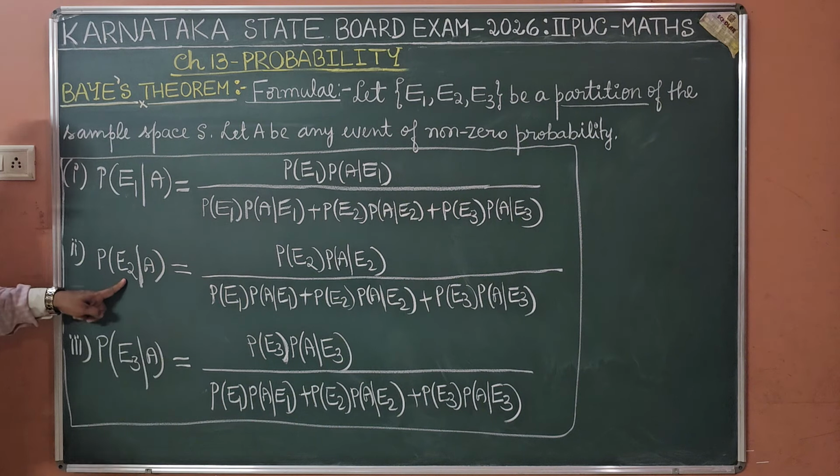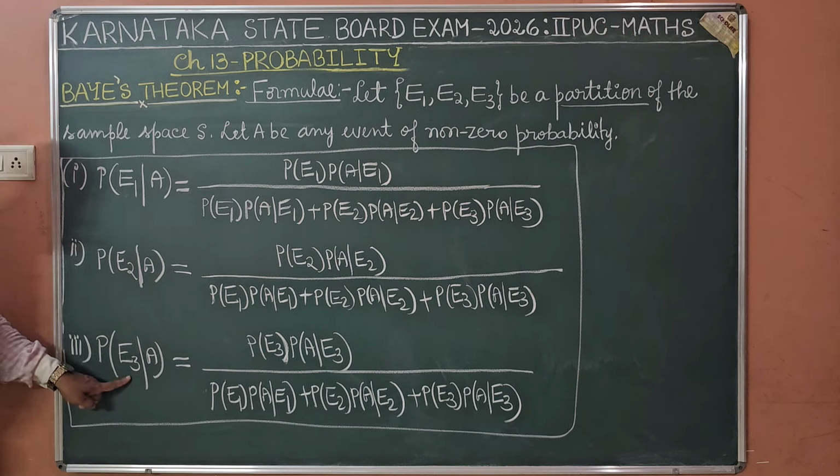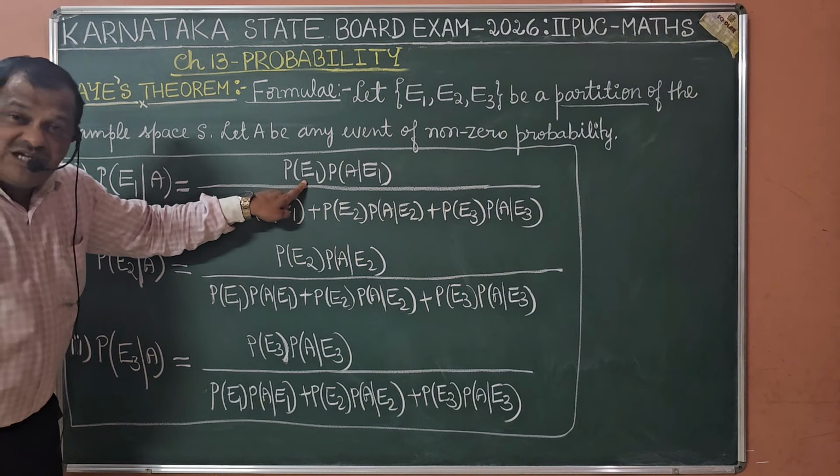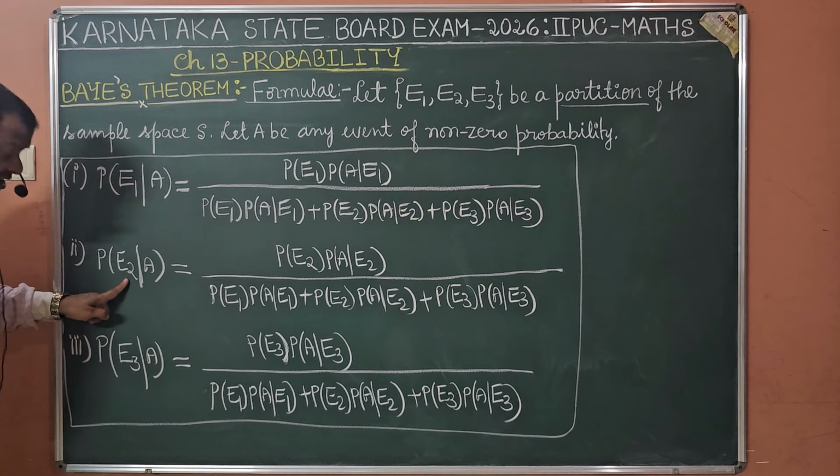Similarly for E2 and E3. What similarity can you observe? The denominators are the same, but if it is P of E1 given A, the numerator is P of E1 into P of A given E1; if it is P of E2 given A, the numerator is P of E2 into P of A given E2, and so on. So kindly go through this.